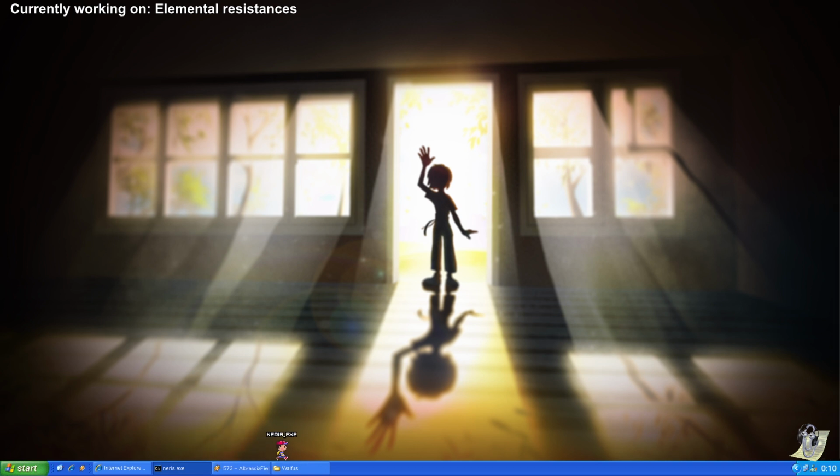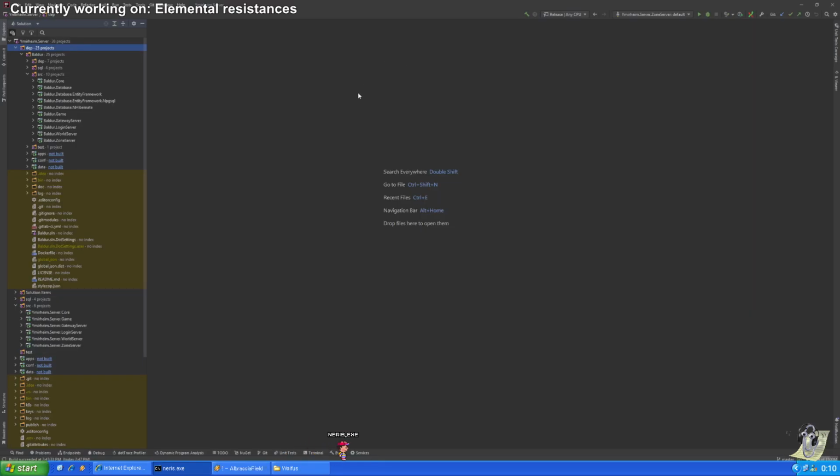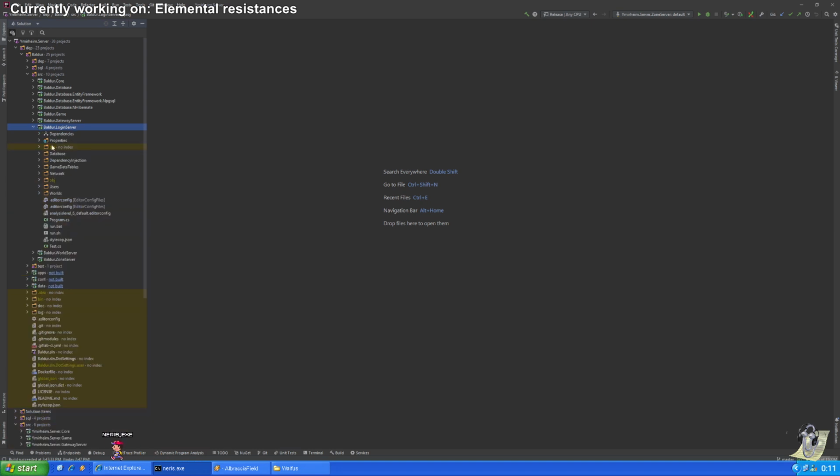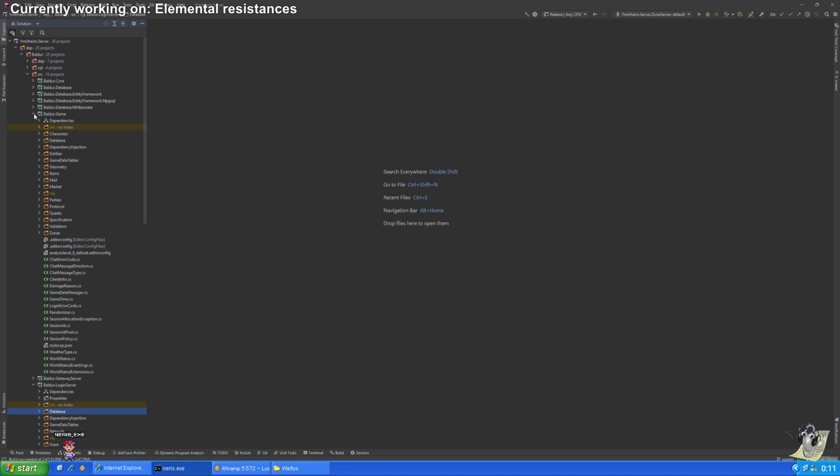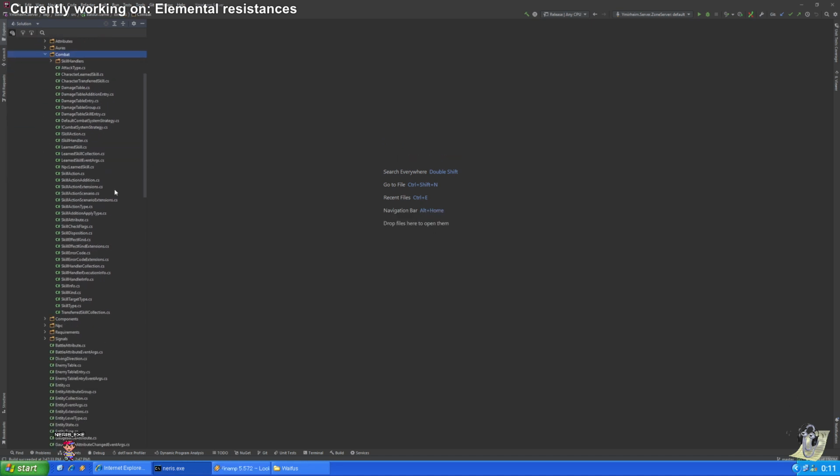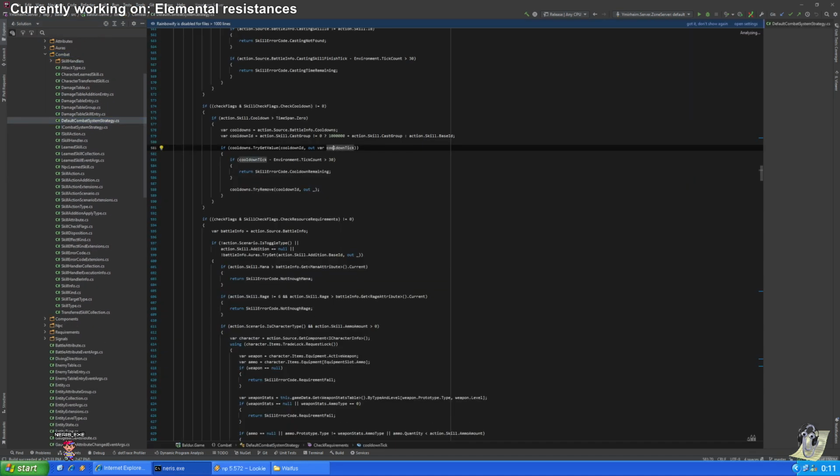Yeah, let's start. So I want to implement finally a basic element resistance implementation. So wait a second, let me think. So it's gonna be here, default comp strategy.